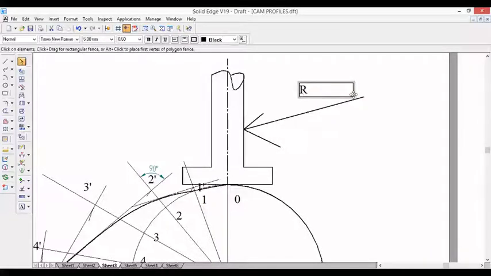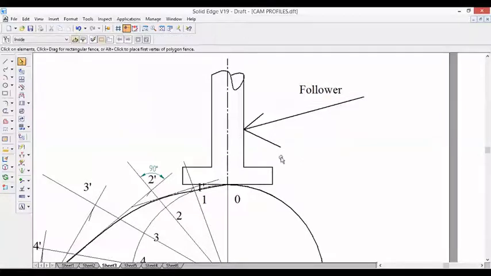This is the flat face follower. So this completes the cam profile, flat face mushroom follower with the cycloidal motion, rise and return. Thank you.